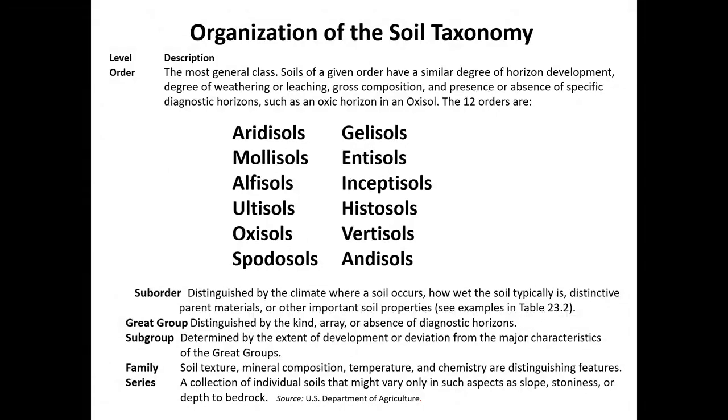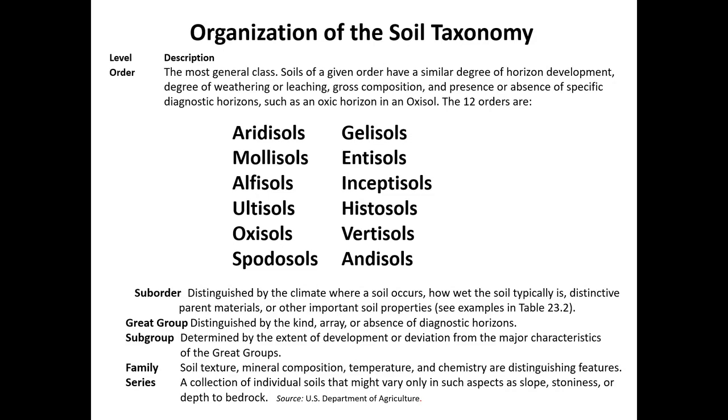Those also have even more detailed subcategories that you don't have to worry about or think about. We'll just focus on these kind of broad categories here. There are 7 soil categories that are found in specific area and climate types: the aridisols, mollisols, alfisols, ultisols, oxisols, spodosols, and gelisols. The other 5 are found all over the world in small little pockets and not necessarily associated with a specific climate type.